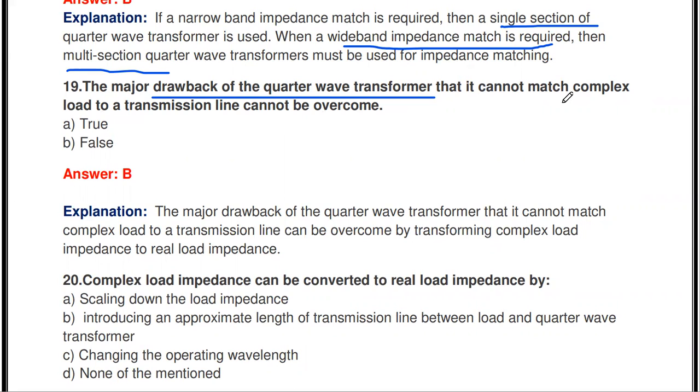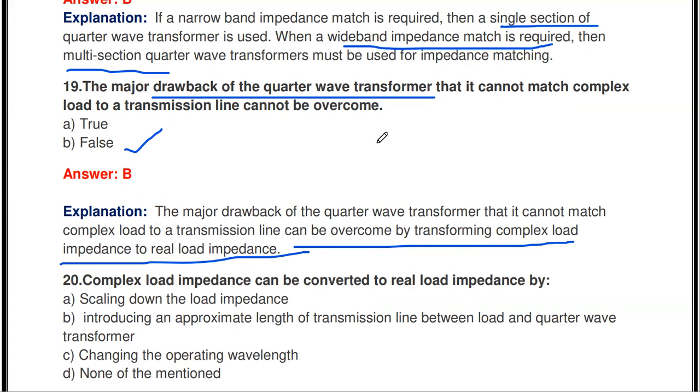But then it cannot be matched to a complex load to a transmission line, but it can be overcome. This is false. That is the major drawback of the quarter wave transformer, that it cannot match a complex load to a transmission line, but it can be overcome by transforming the complex load impedance to real load impedance.